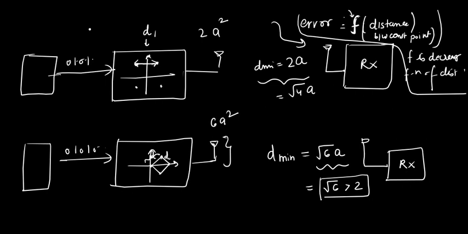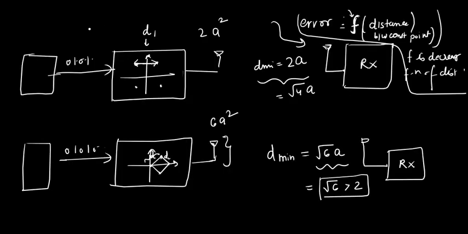So if you want to compare them, an apple to apple comparison, what do you have to do? Let 2a square be equal to some fixed joules, for example 10, you will fix that.